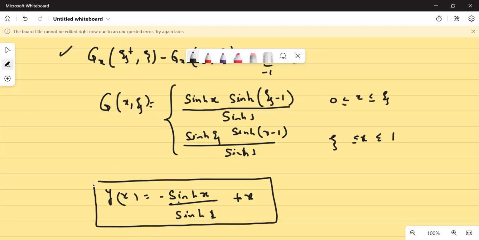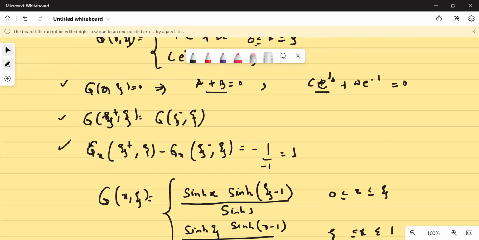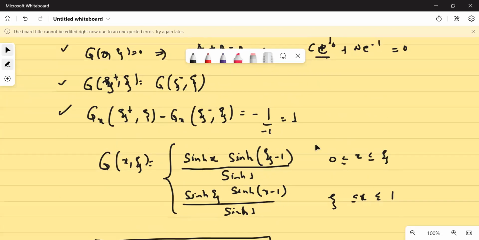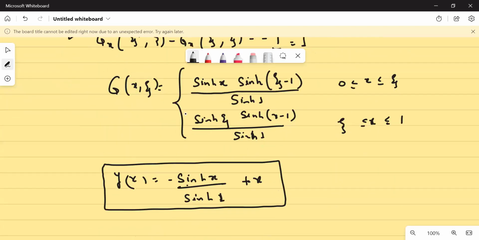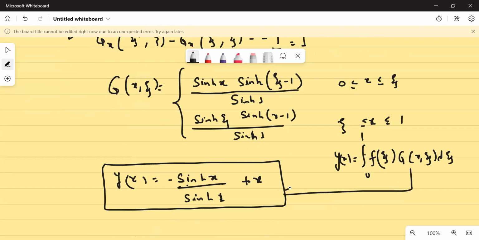I'm not going to do it for you. I have given you the answer and the conditions that you're going to follow. Follow all these conditions, find this Green's function, and with this Green's function, integrate from 0 to 1 the product f(zeta) g(x, zeta) d zeta. You just integrate this stuff up, and you'll get this y. I hope you'll get it.